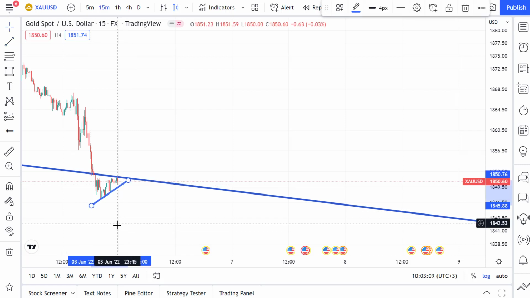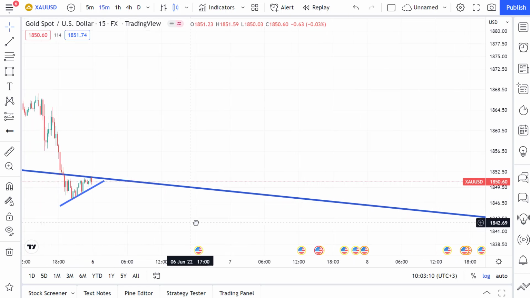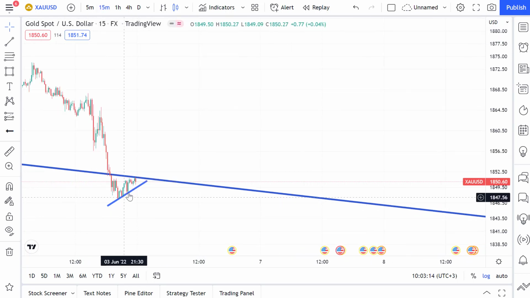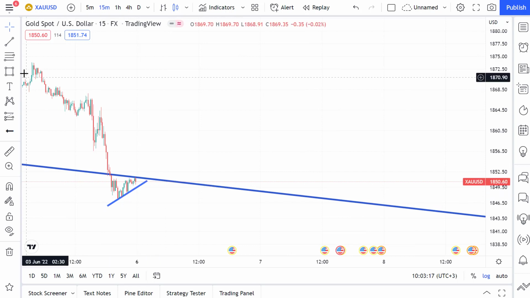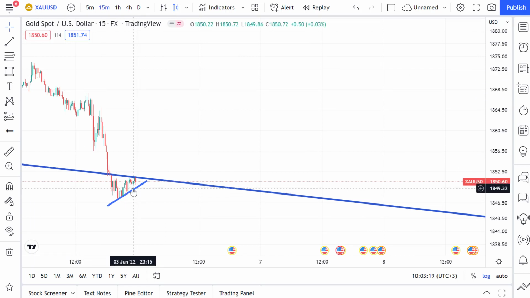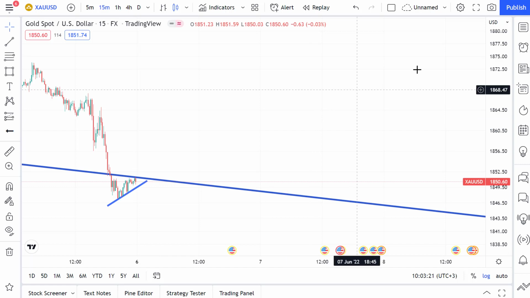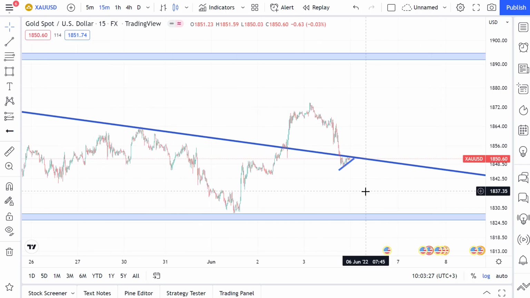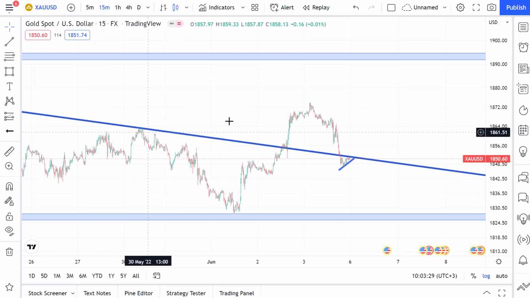Yes, it's very small. You can do it in 15 minutes. Okay, if there is a breakout of this zone, we can say we came back again to the channel, and we have to update our channel for next days. I mean, I will change my channel to this zone and I will let you know.